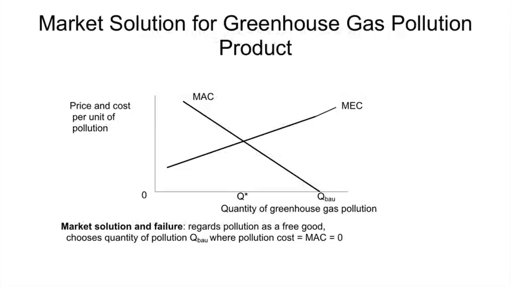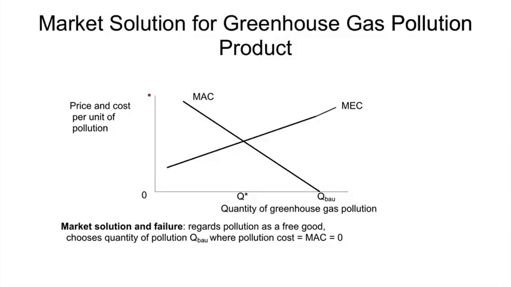So here I can represent my diagram as before. Again, I have on the horizontal axis quantity of greenhouse gas pollution, and on the vertical axis I have the price or cost per unit of pollution.